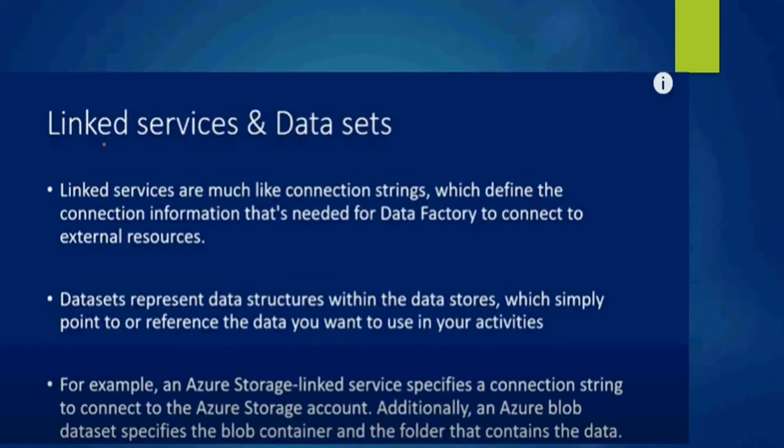Similarly, for SQL, we have to provide the server name as well as the database name. And a dataset represents data. Basically, it is a pointer which points towards some specific data. I'll be showing you all of these things later on.